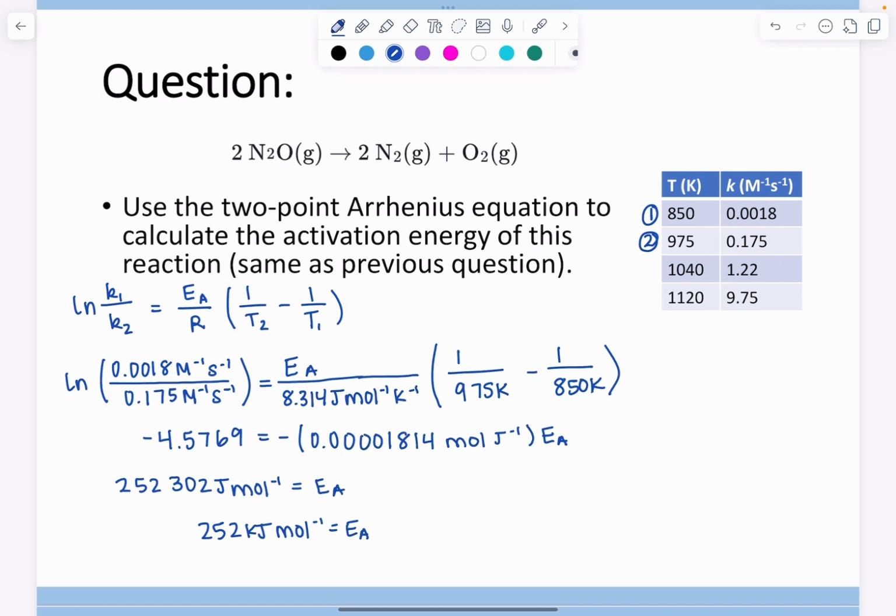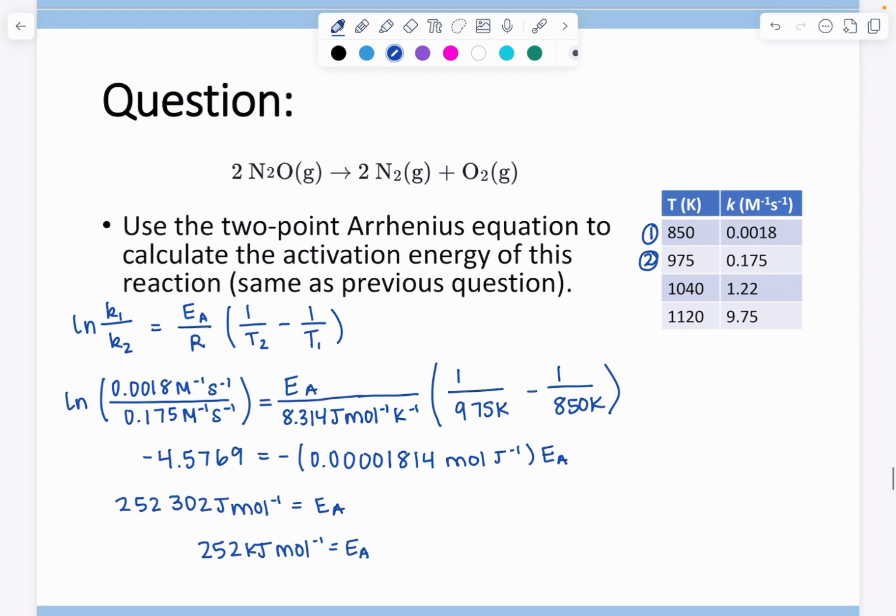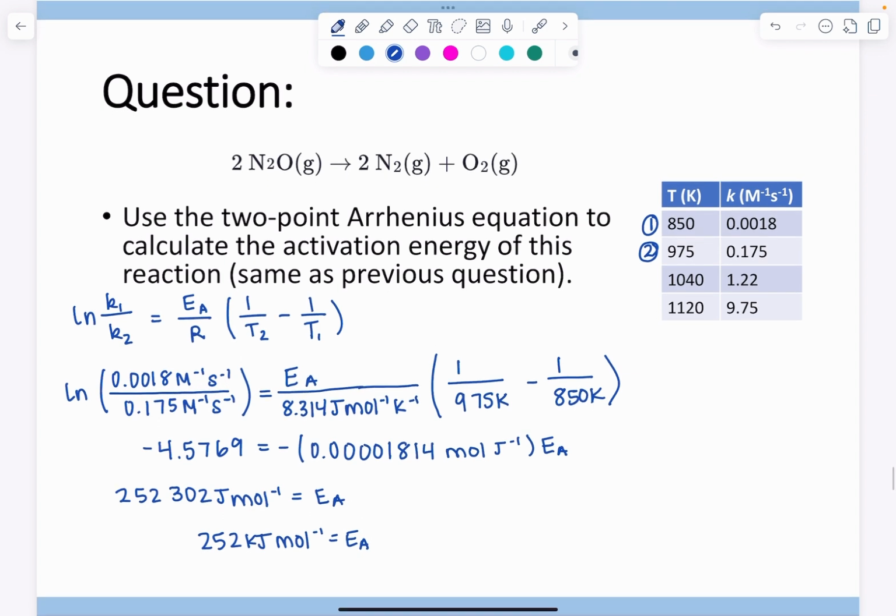Same value as what we calculated 2 slides back. We get that 252 kilojoules per mole. The benefit is that we've avoided plotting the data points and finding the slope of the line.